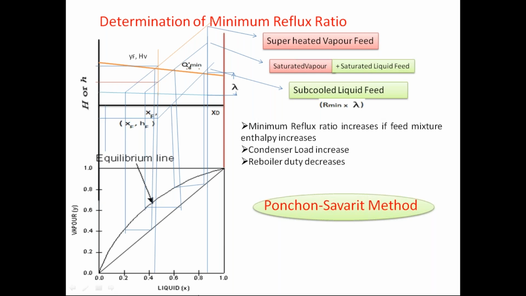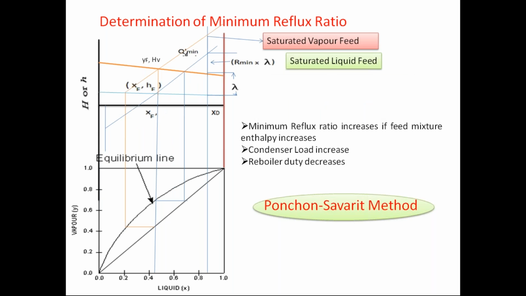So if XD varies, you can also see that, suppose for the case, let us say in a previous case, in this case, this is a saturated liquid. Let us take the saturated liquid case. For example, usually the curves will vary like this. When the more volatile component concentration is low, the lambda value is high.